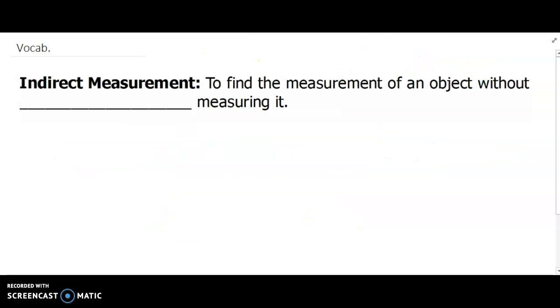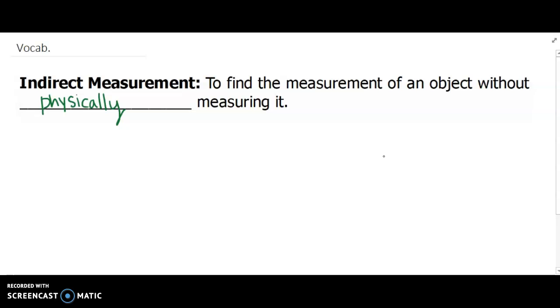All right, we just have one vocabulary word here, and it's indirect measurement. Now, anytime you measure something indirectly, it basically means that we're finding the measure of an object without physically measuring it. So we're using other methods other than a tape measure, a ruler, or a yardstick, to measure objects.